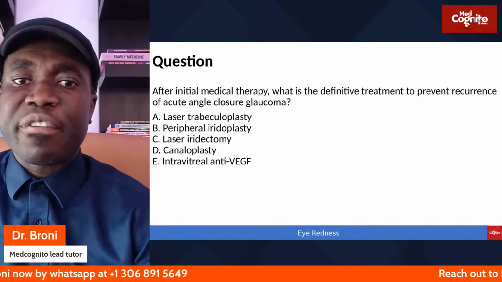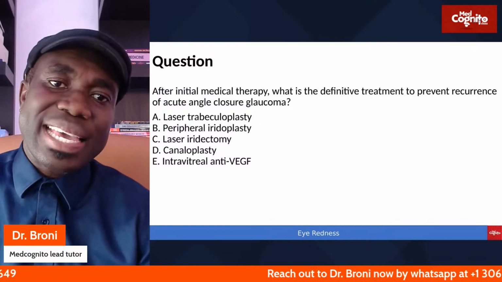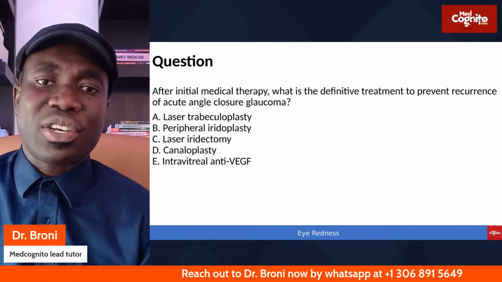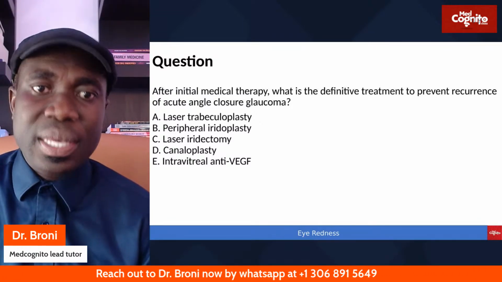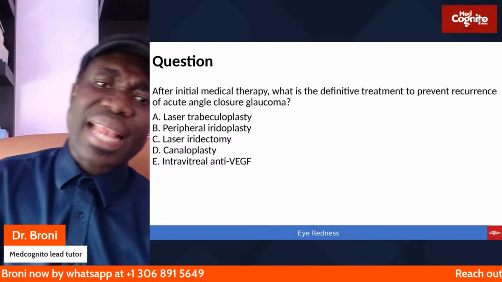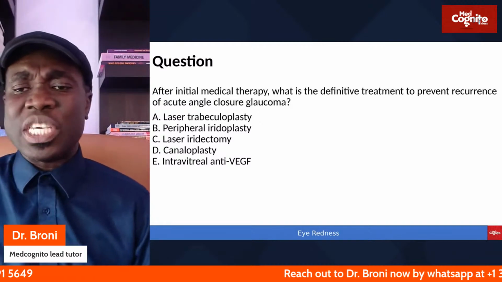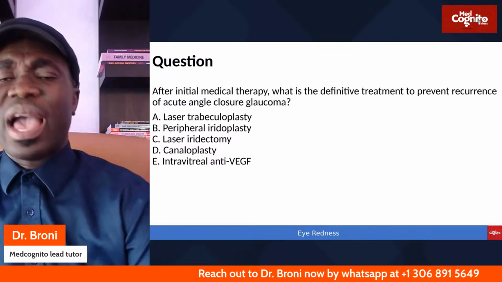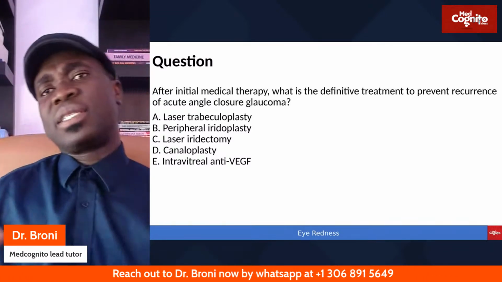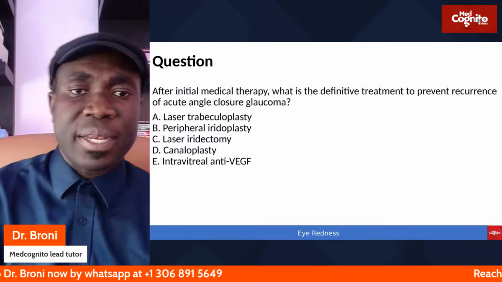B, peripheral iridoplasty. C, laser iridectomy. D, canaloplasty. And E, intravitreal anti-VEGF. After you've done your initial medical treatment, what is the definitive treatment?